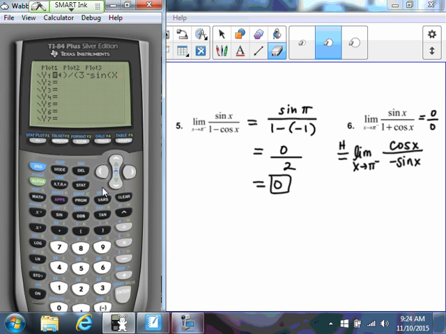Oops, how do I get a 3 in there? All right, we're going to go to our table. I'm going to make sure I'm in radian mode first. We want to get really close to pi from the left.